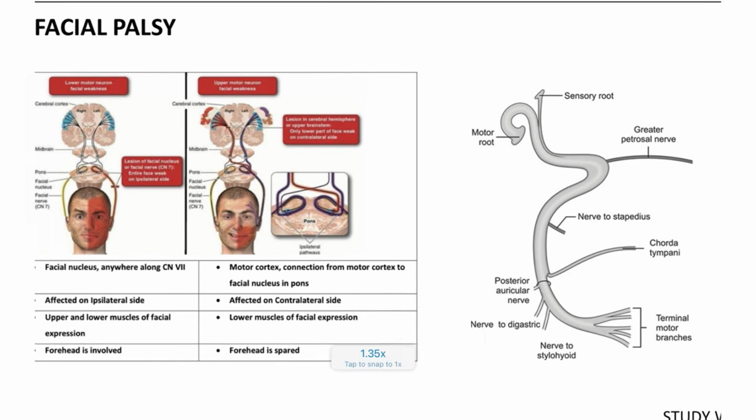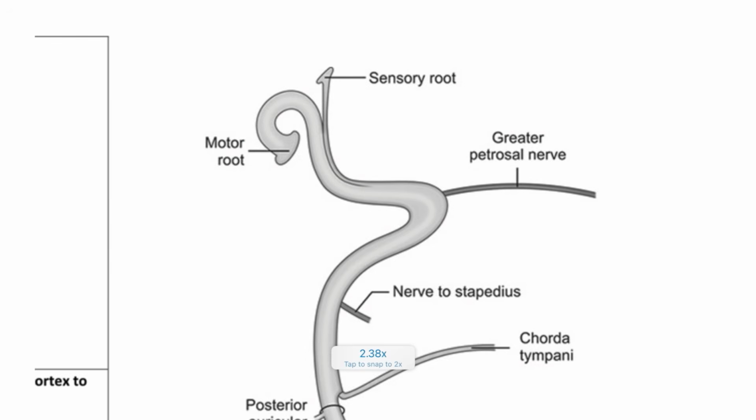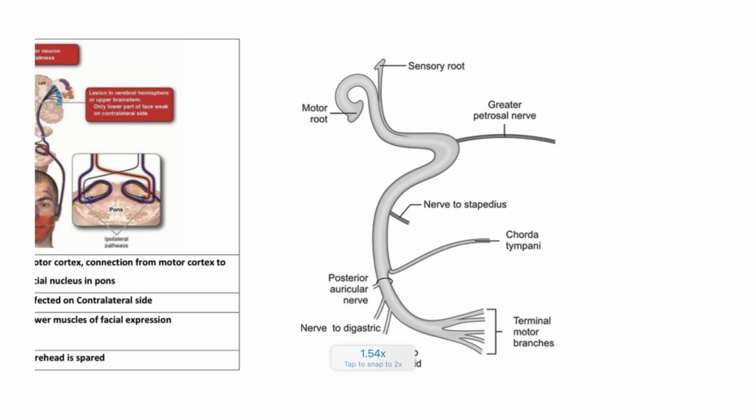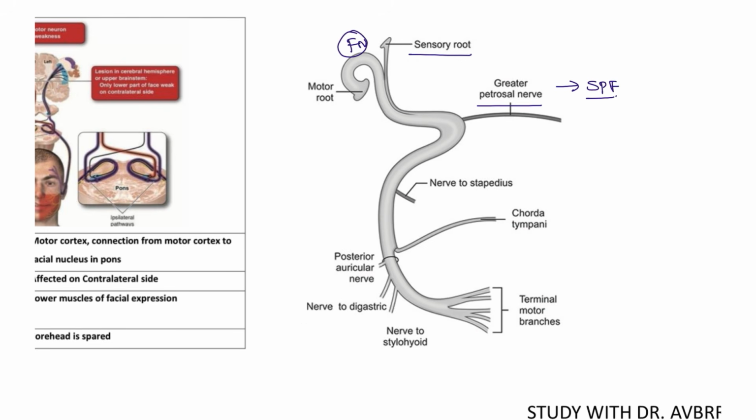Next, moving on to facial palsy. Before that, how the facial nerve is divided. It has different curves. This is the sensory root of the facial nerve, and when it divides behind the petrous bone, it gives rise to the greater petrosal nerve, which supplies the pterygopalatine fossa.